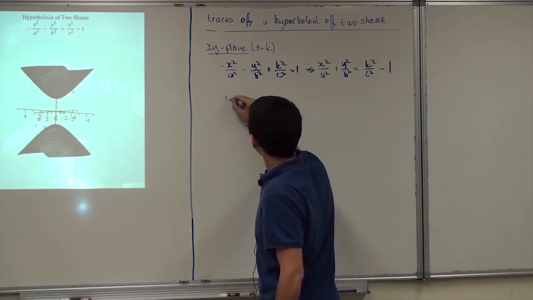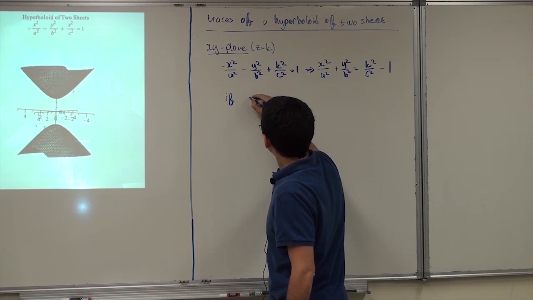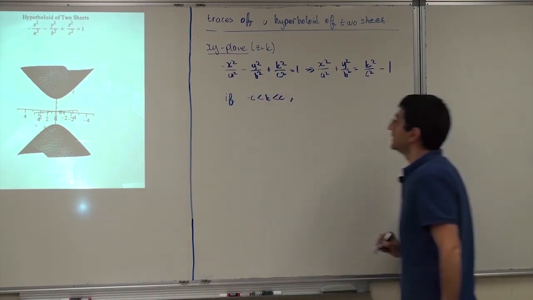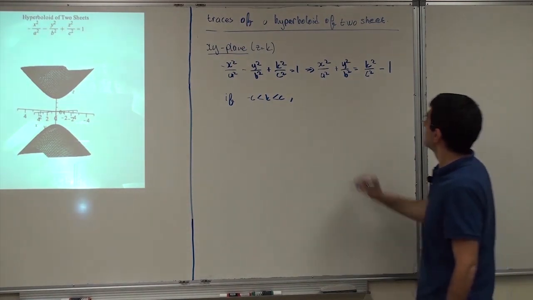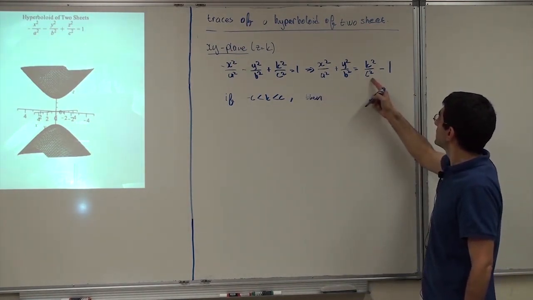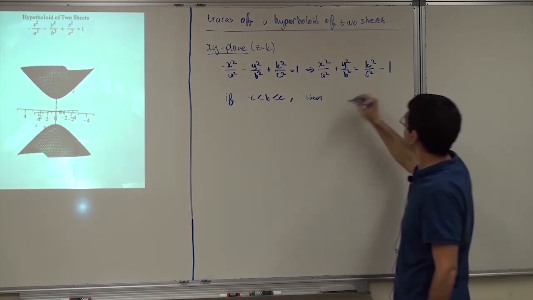Now, if k is between negative c and c, then the number k squared over c squared is going to be less than 1.